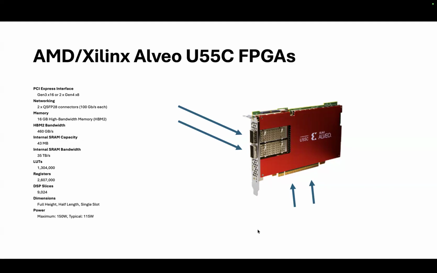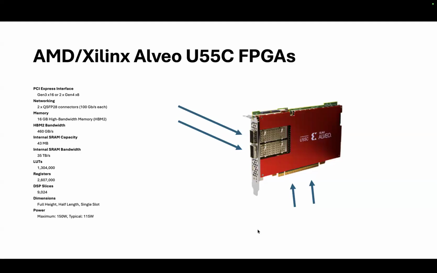And of course, the difference between the U55C and the U280 is the memory allocation. The U55C has 16 gigabytes of high bandwidth memory, and if I recall, the U280 is more dependent on, I forgot, I think it's DDR4, but I could be wrong. But HBM2 is the main difference between the two.